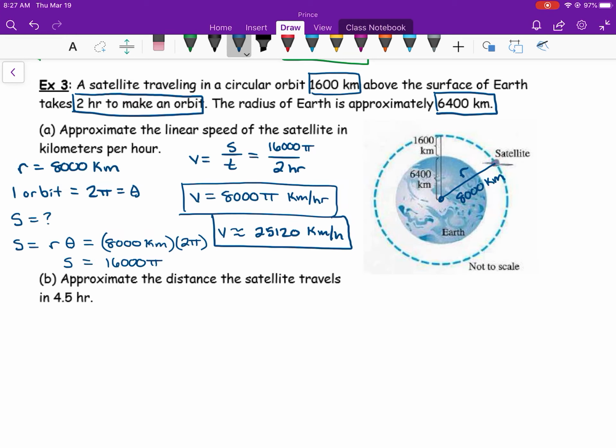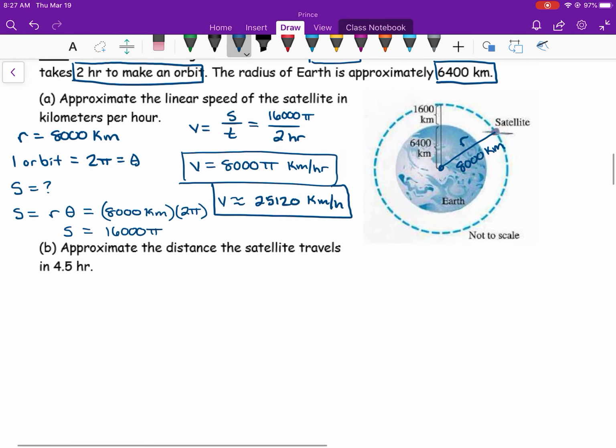Part B, we're going to approximate the distance the satellite travels in 4.5 hours. Well, that's nice because we did that conversion above. So we are doing 25,120 kilometers per hour. We want to see how far it goes in 4.5 hours. So just simple multiplication.